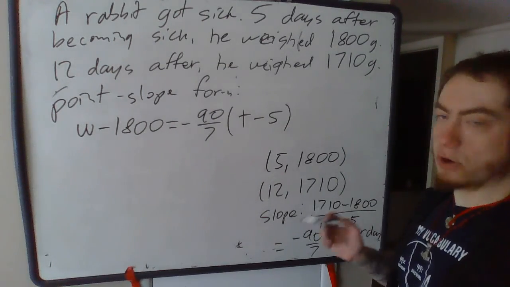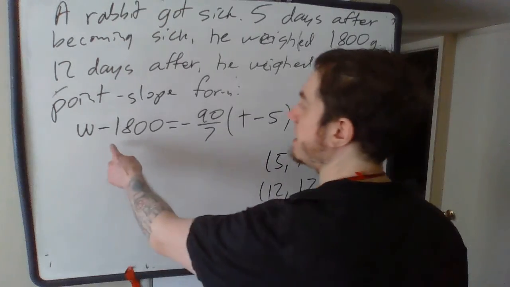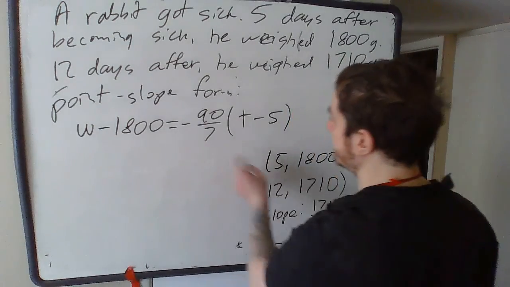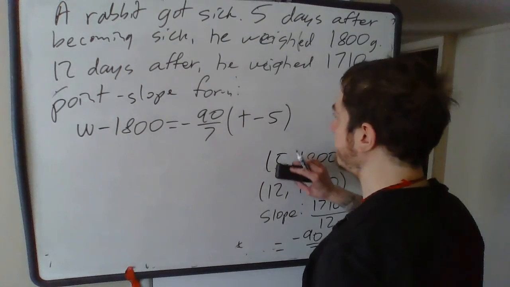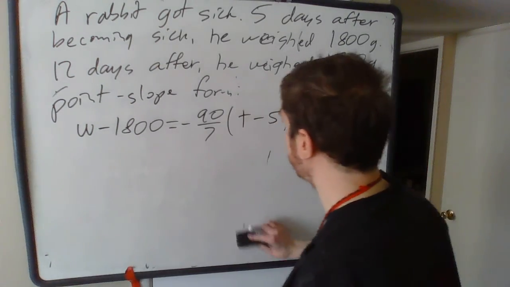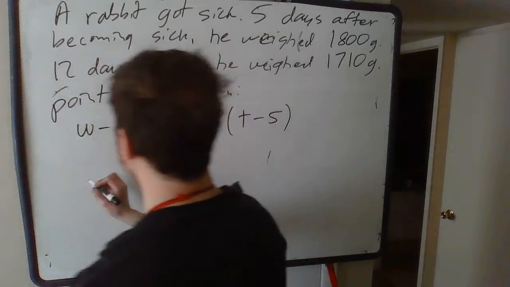And this is an equation for his weight. But really, we probably don't want it in point-slope form. We probably want an equation that gives us the weight in an obvious way based upon the time. So let's solve for W.